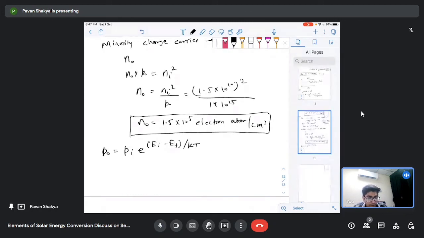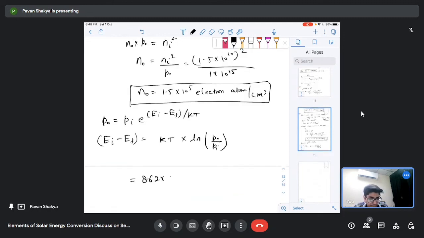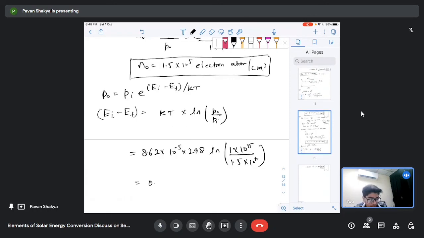So we can simplify this formula as Ei minus Ef equals kT multiplied by ln of P0 by Ni. If we put the values, 298 for temperature, and ln of P0, which we calculated as 1 into 10 to the power 15 divided by 1.5 into 10 to the power 10, when you solve this you will find that this value comes out to be 0.285 electron volt.